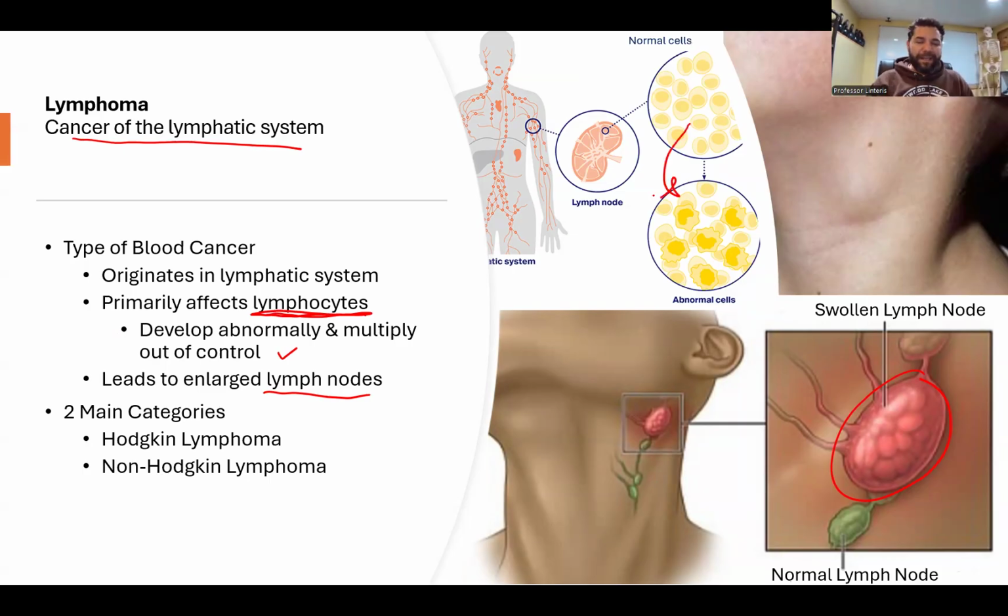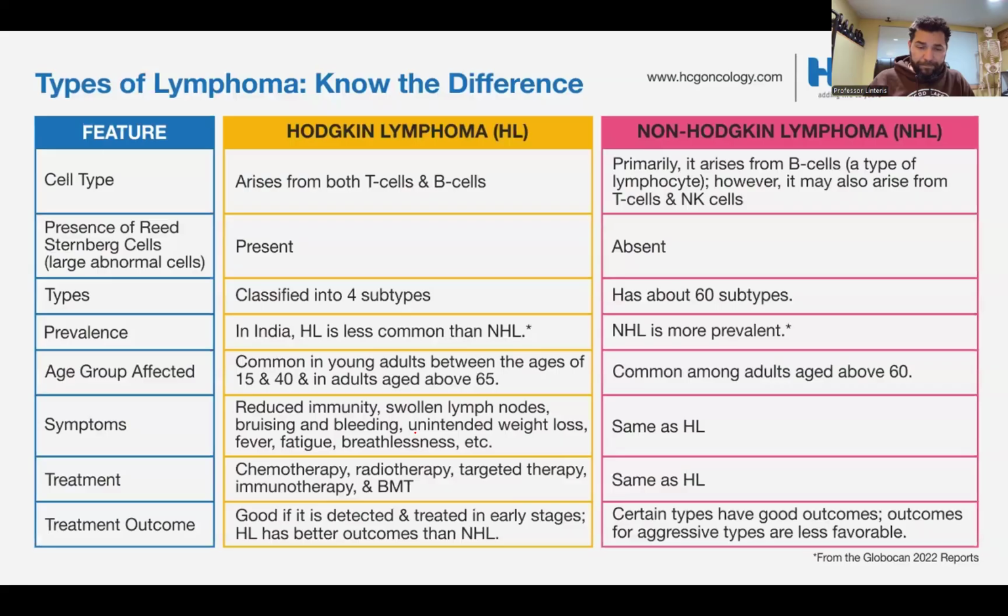You could see some cellular abnormalities, and there's two different types, and I'll try to keep it simple. I know people that have had both of these. We have Hodgkin's lymphoma and non-Hodgkin's lymphoma, right? And this compares which type of cell, but it could arise for both B and T in both of them.